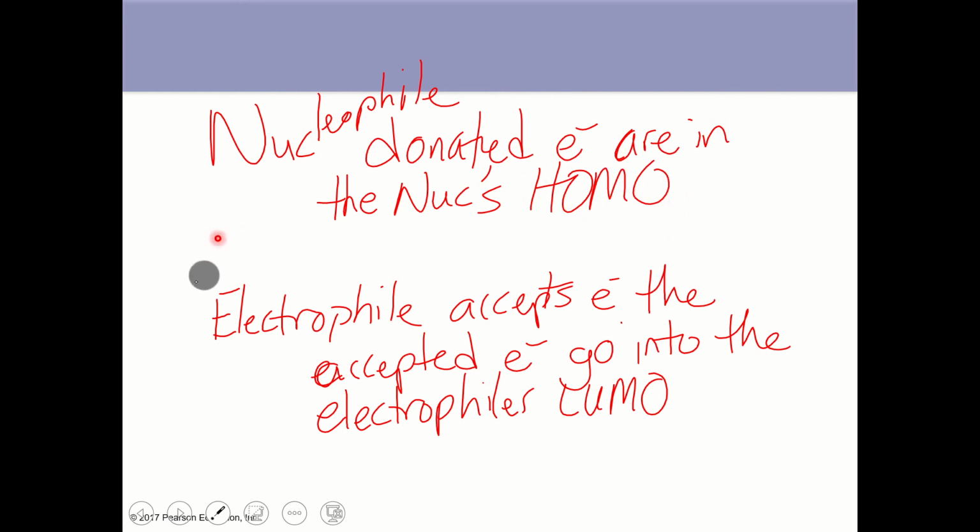The electrons accepted by the electrophile from the nucleophile are going to go into the electrophile's lowest unoccupied molecular orbital. And so these 2 terms are going to come up again in the talk of nucleophilicity and a nucleophile bonding at an electrophile.